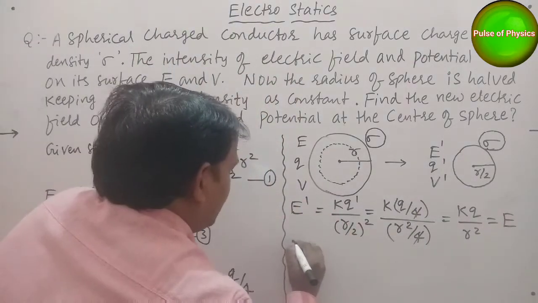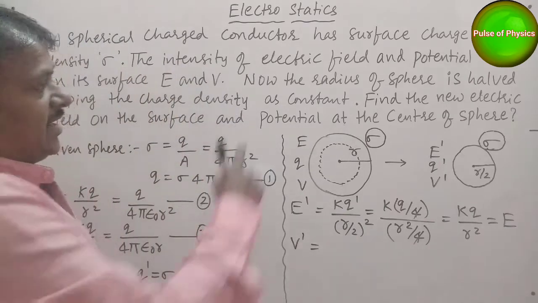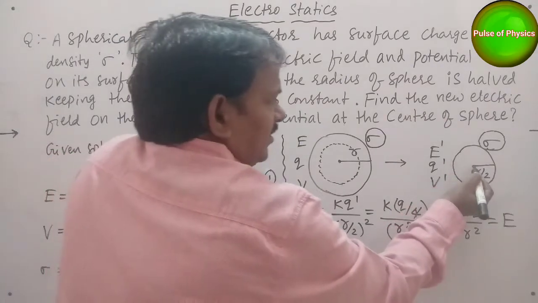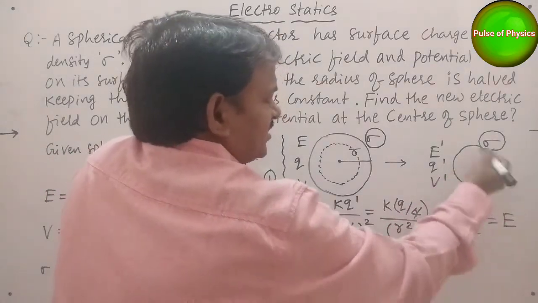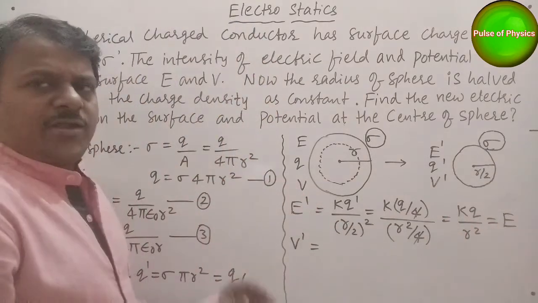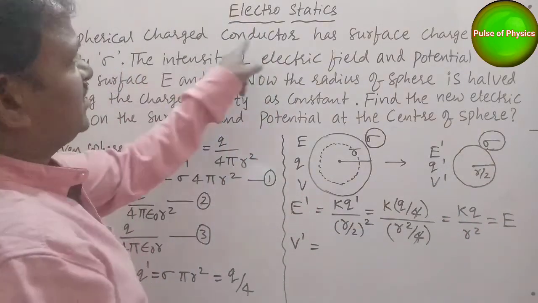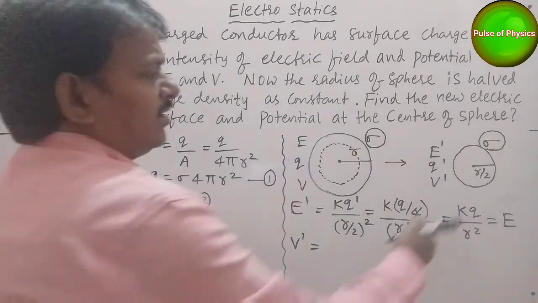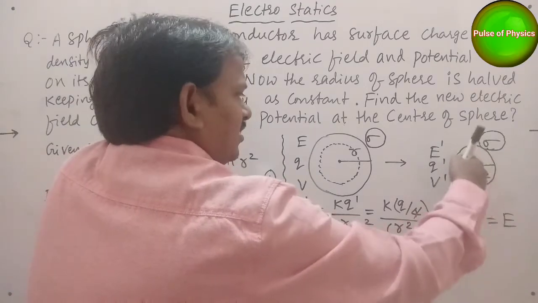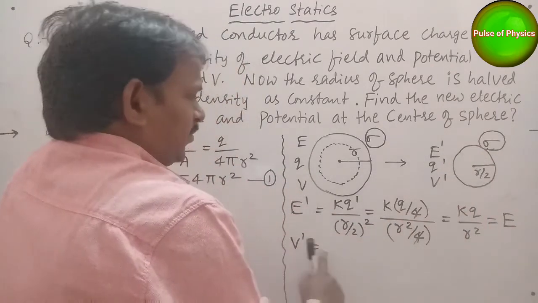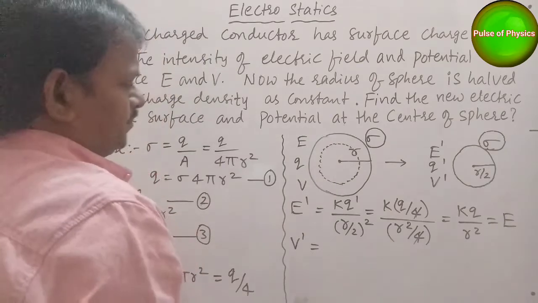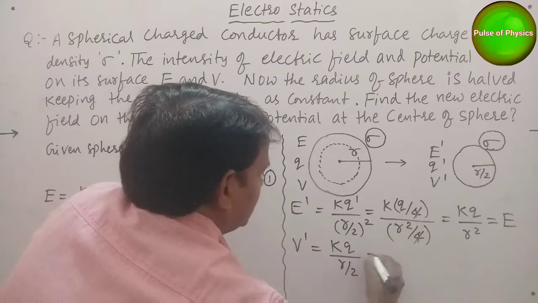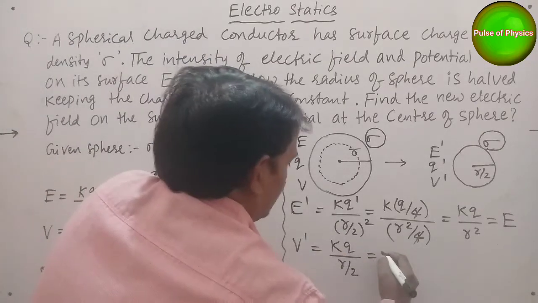Next, V dash, the potential at the center, which we have to find. Here you see, inside the sphere anywhere the potential is the same for a charged conductor. For a uniformly charged conducting sphere, at the center or on the surface, the potential is the same. Here it is kq dash by r by 2.